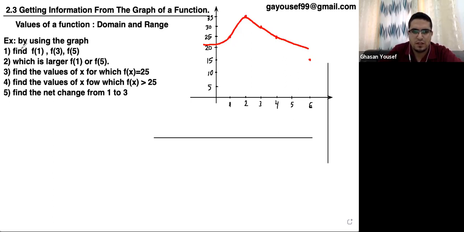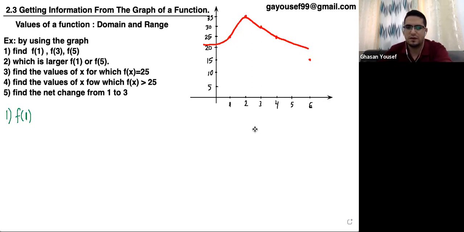Now, the question is number 1, find f of 1. You have to find the value of f of 1. Draw a vertical line at 1 and see where the vertical line intersects the curve.